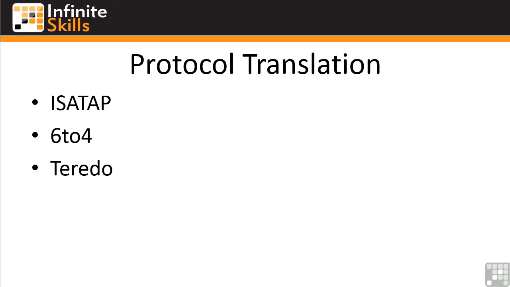There are protocols here to actually help manage that integration and migration. The first is ISATAP. ISATAP stands for the Intra-Site Automatic Tunnel Addressing Protocol. As the name suggests, this is going to allow you to send IPv6 traffic over an IPv4 network. And this is really working by standing up an ISATAP router.